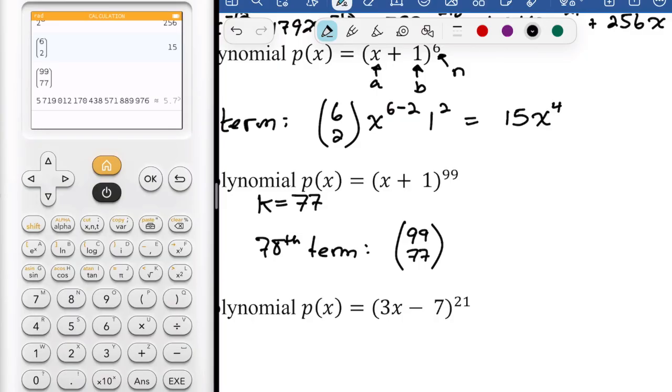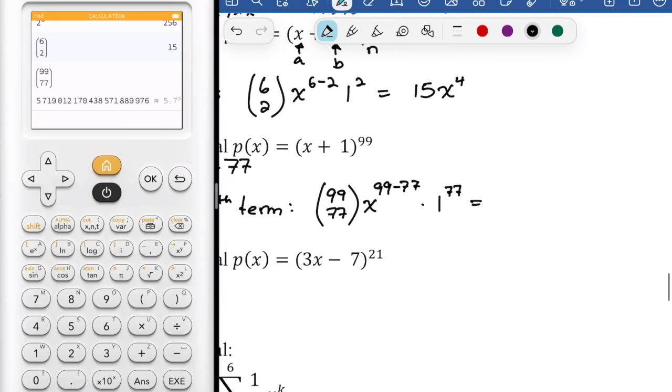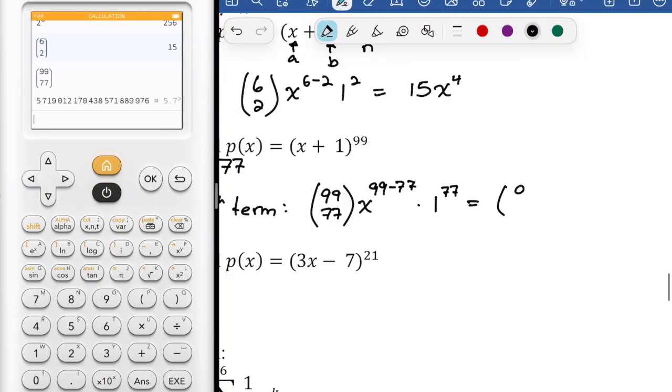So I would actually leave my answer in this form. So x raised to the 99 minus 78 times 1 to the 77th power. Looking at the wrong thing. So my final answer here would have the combination in it.